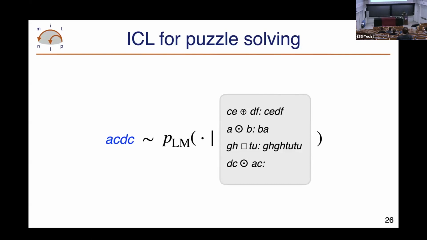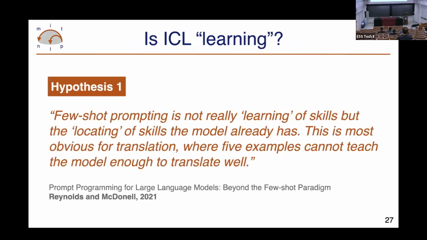So coming back to the original question at the very beginning of the talk, what is it that's actually going on under the hood in virtue of which these models are able to solve problems like this? I think the initial reaction from most people in the language processing and machine learning communities was that learning was probably not the right way to describe what was actually going on in these models, and maybe better to think of it as something like task identification.